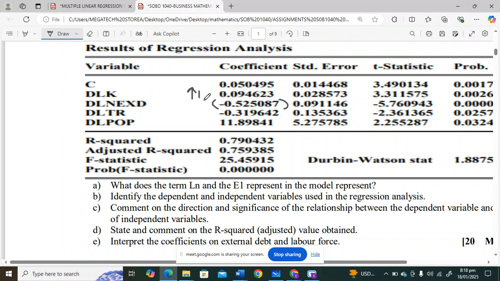If external debt increases by 1% or by 1 unit, GDP will reduce by 0.525%.